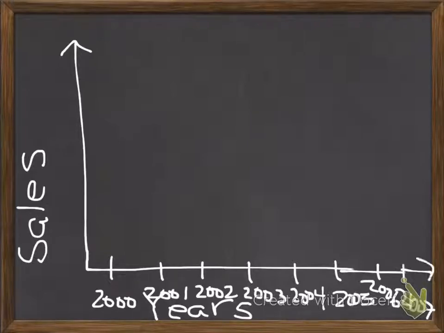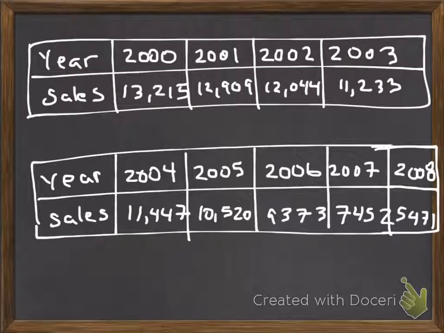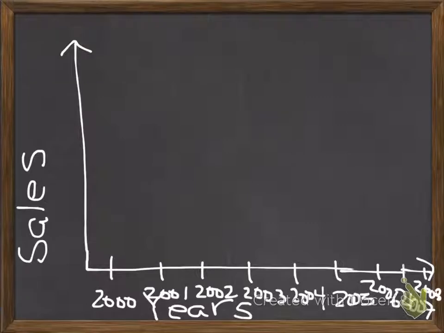Almost out of room here, but one more. Okay, so there's my years, and then my sales range from about 13,000 all the way down to about 5,000. So we have to have a range of values from 13 to 5 at the very least, and we can just label them that they're in thousands.